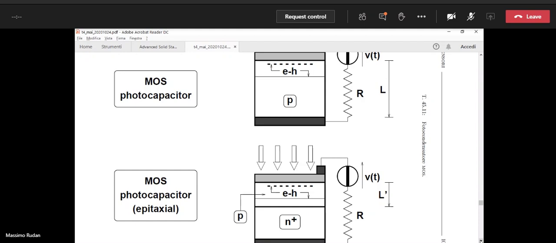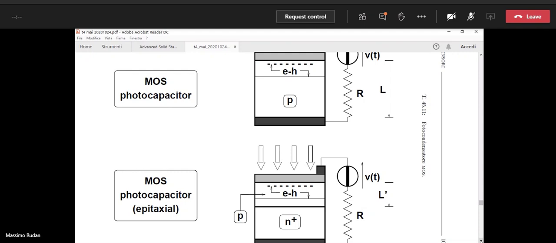So the order of magnitude is that L, the total thickness of the wafer, may be in the range of 0.5 millimeter, let's say 300 microns, okay? Instead, the thickness of the epitaxial layer, L prime, is something between 5 and 10 microns, okay? So it's 300 in the first case against 5 to 10 microns in the second case, okay?